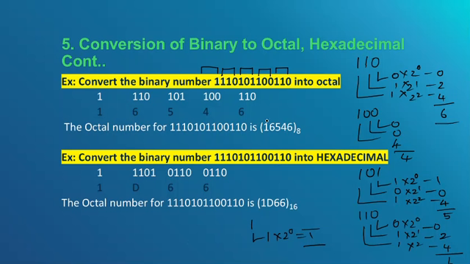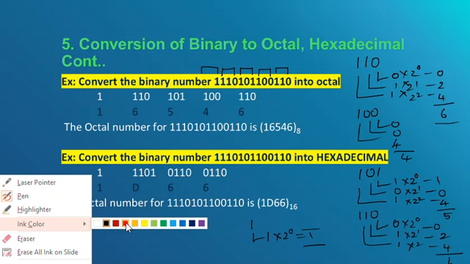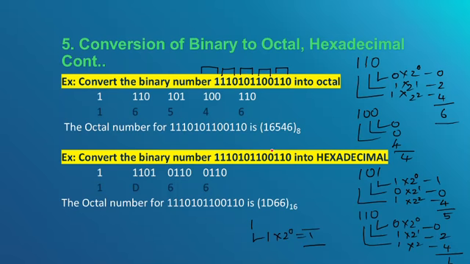Similarly, if you want to convert the same binary number into a hexadecimal number, take 4-bit combinations from the rightmost. It's going to be 0110, again it is going to be 0110, and then it is going to be 1101. So let us see for each one.